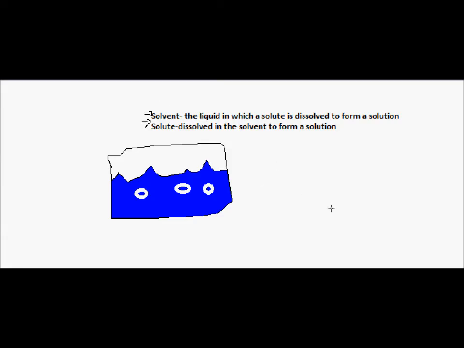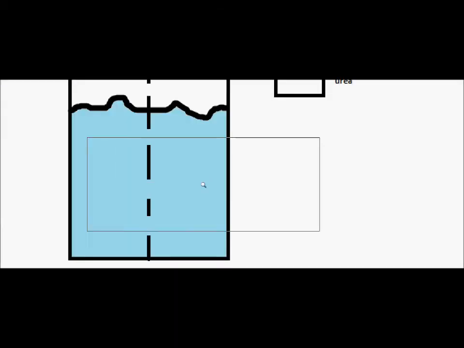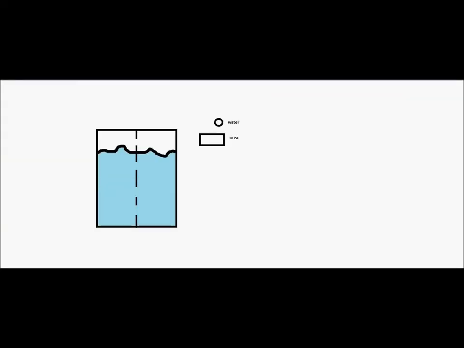Okay, now let's see how this all pertains to osmosis. Okay, let's zoom out. Right. So let's zoom into this system here. So let's take this container, and this container has a semi-permeable membrane right here.